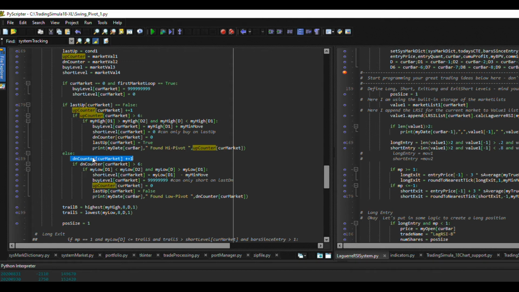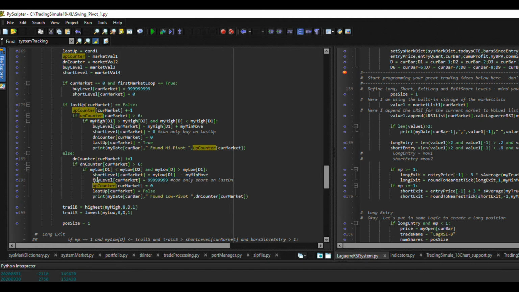And I go into this logic because on the next loop through, last up current market is now true because we set it right there. So we skip this portion here. This is completely skipped. We drop down to this else condition and we start counting the down counter. Once down counter is greater than 6, then we start looking for a low pivot. And if we get a low pivot, we put our short level for the current market at the low of the pivot point minus 1 min move.